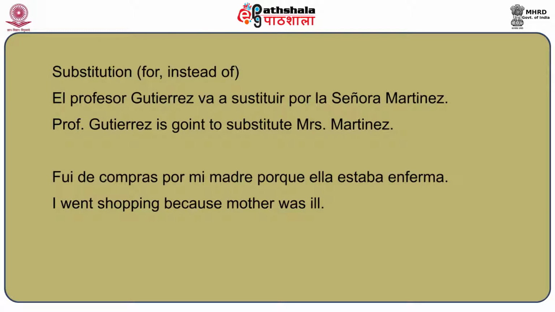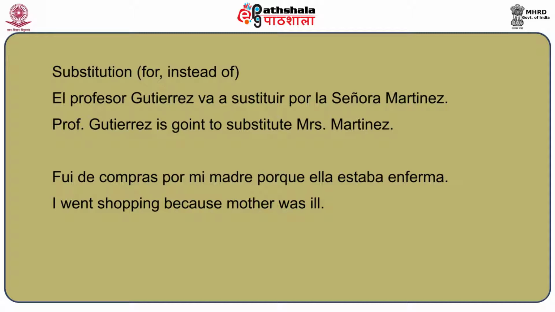El profesor Gutiérrez va a sustituir por la señora Martínez. I repeat, el profesor Gutiérrez va a sustituir por la señora Martínez. In English, the sentence is Professor Gutierrez is going to substitute Mrs. Martínez.